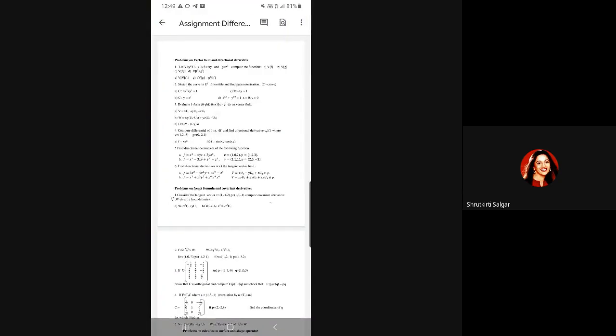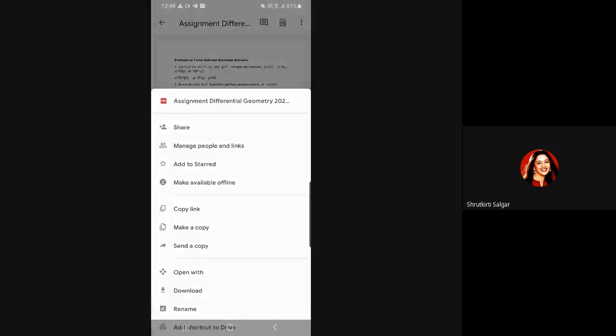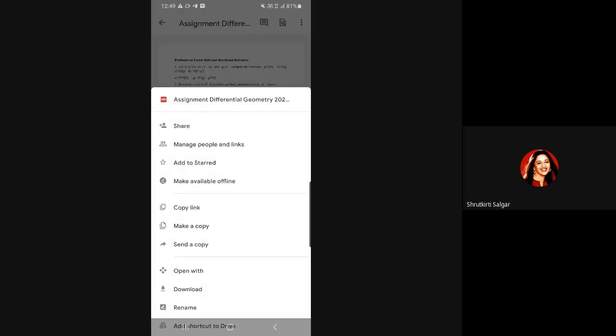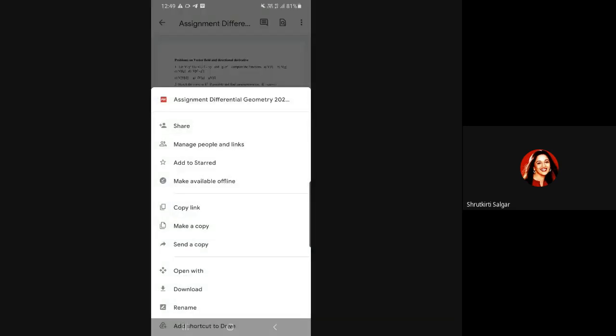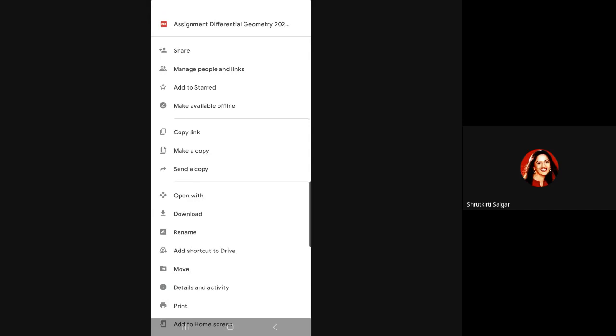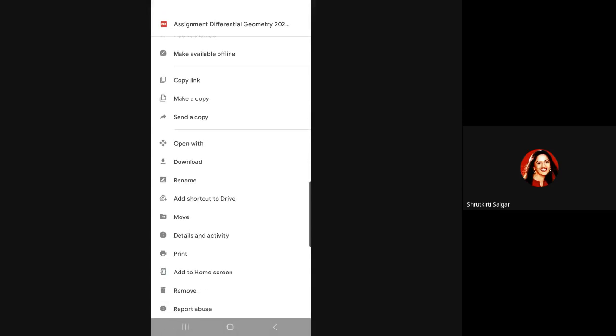There are so many options for that after clicking on this 3 dot. ते arrow आहे ना त्या arrow वर क्लिक केल्यानंतर इथे options दाखवतात. Very many options are there. Share, add to star, make a copy, open with, download, move. You can download it or you can open with.